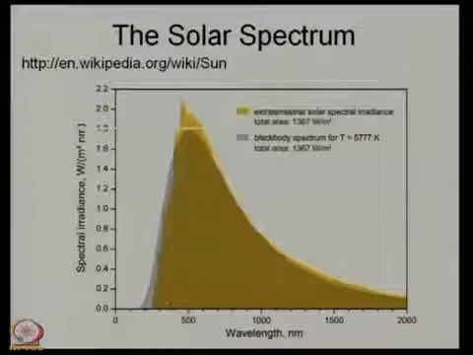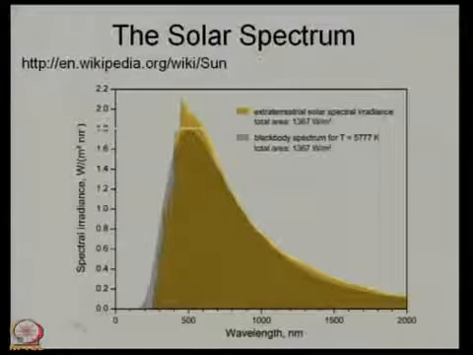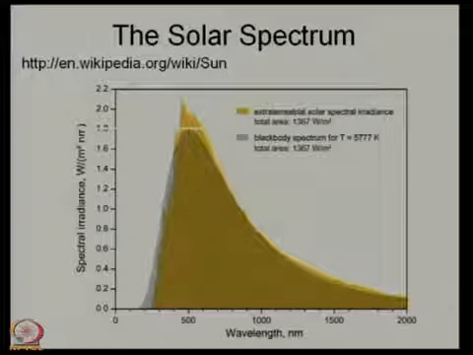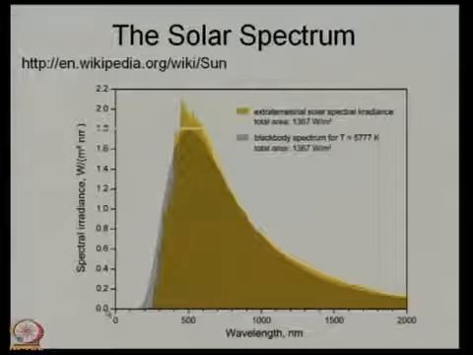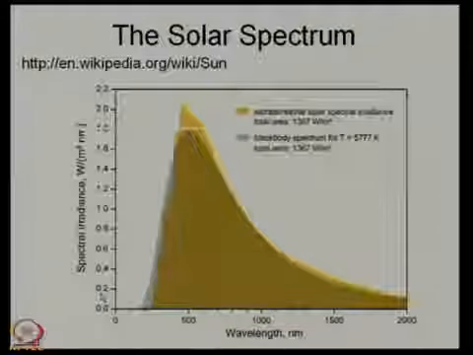But if you look at wavelengths beyond this range, which have not been shown here, if you go to shorter wavelengths, you have the far ultraviolet, X-rays, and then gamma rays.